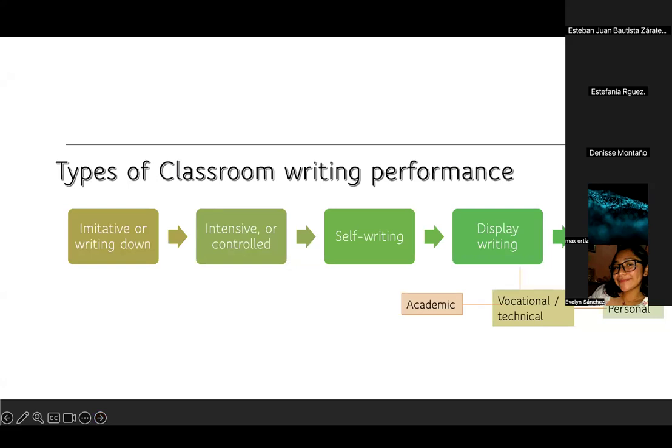Then we are going to start focusing on different types of classroom writing performance.